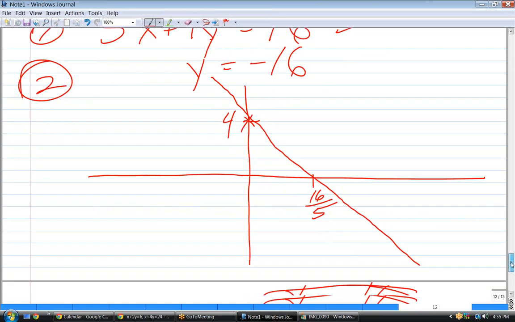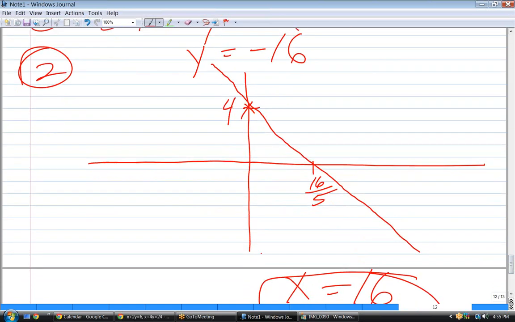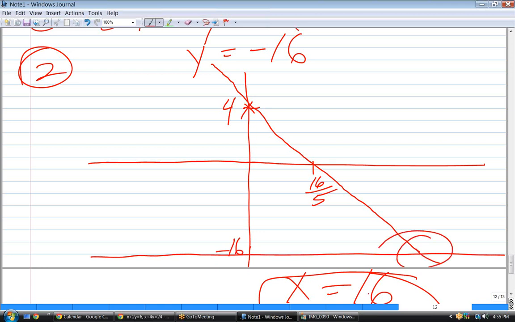The equation of the second one is y equal negative 16. That's a horizontal line going through that y-intercept. There's our solution right there. Notice that because I don't have grid paper, we can't read what that solution is.